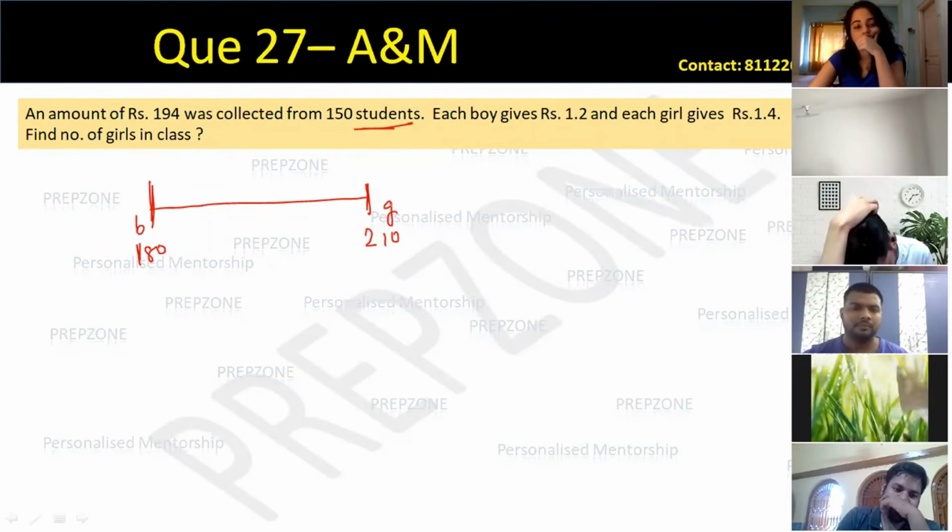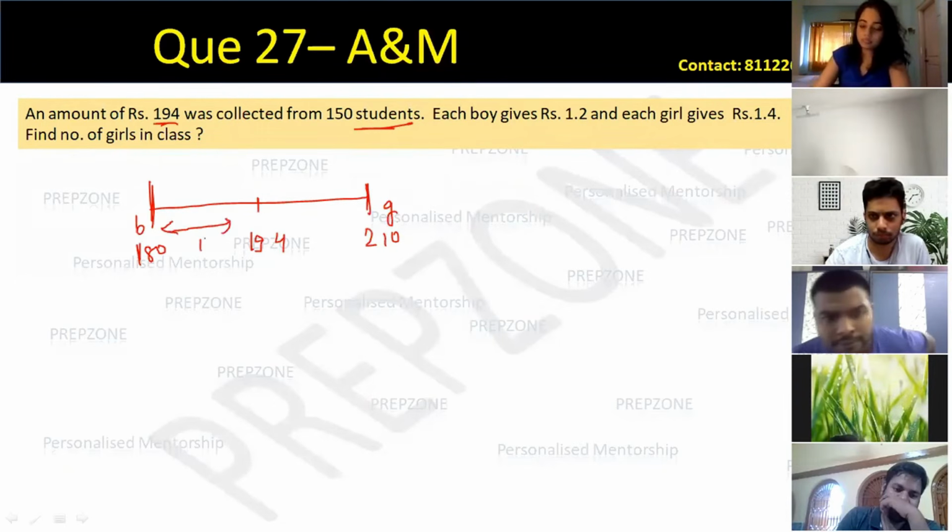So if I have all the girls, their contribution will be 210. If I have all the boys, it will be 180. Now I know I have a mix of it, and hence my contribution is 194. Now can you apply it, Rakshit?